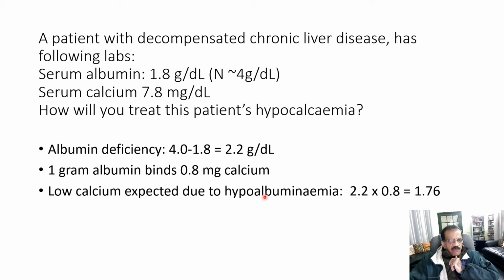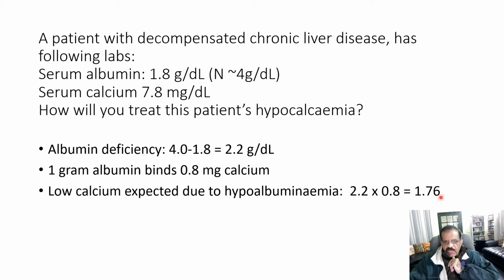The low calcium expected due to hypoalbuminemia alone would be from a deficiency of 2.2 grams, and every gram binds 0.8. So the total amount of calcium which would have been bound to this deficient albumin would be 1.76 milligram.